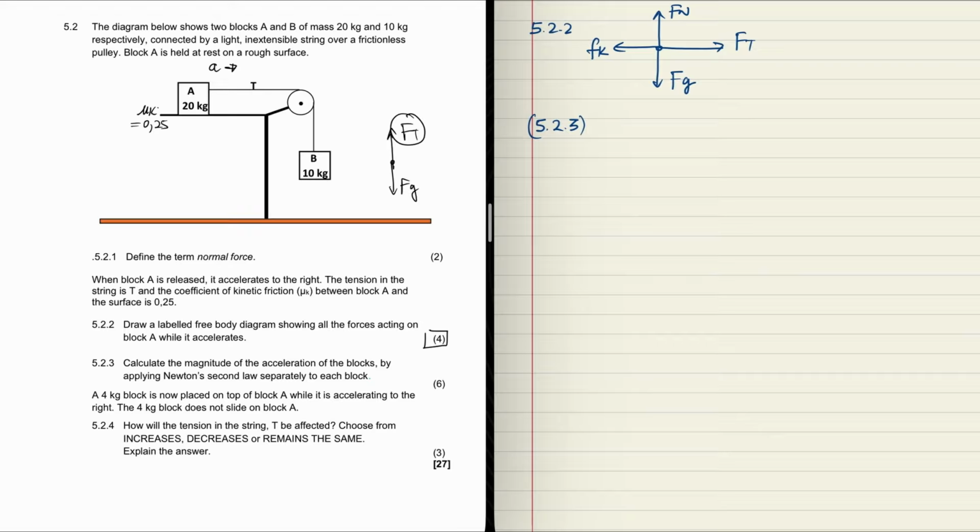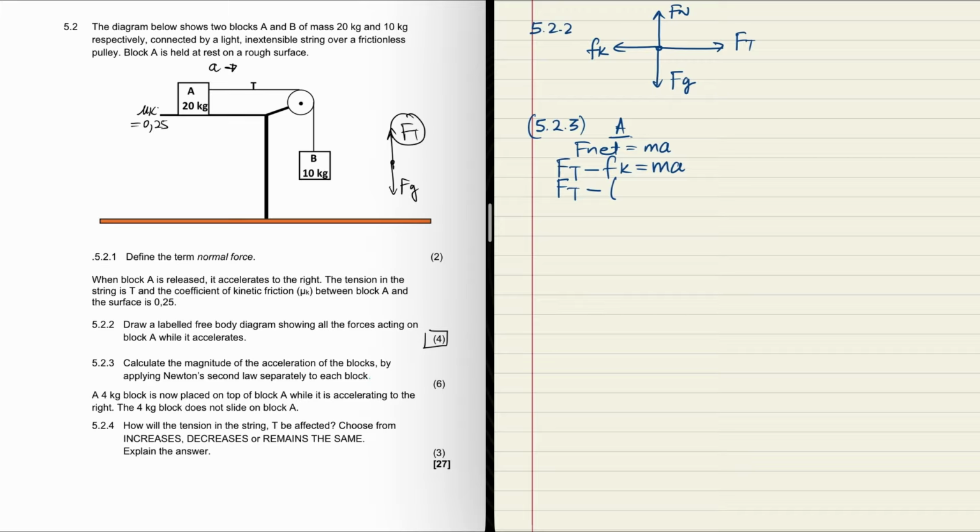So for block A, I'm going to say F net equals ma. Now it's accelerating to the right, so I'm going to choose the right as positive. So Ft minus Fk is equal to ma. Now I can substitute. I don't know what tension is, so let's leave that as Ft. Fk is mu k times Fn.